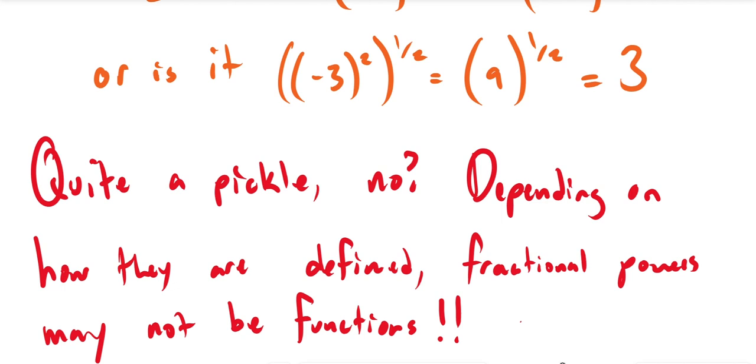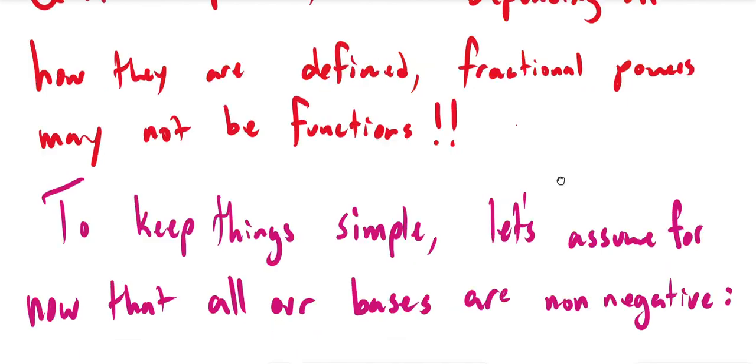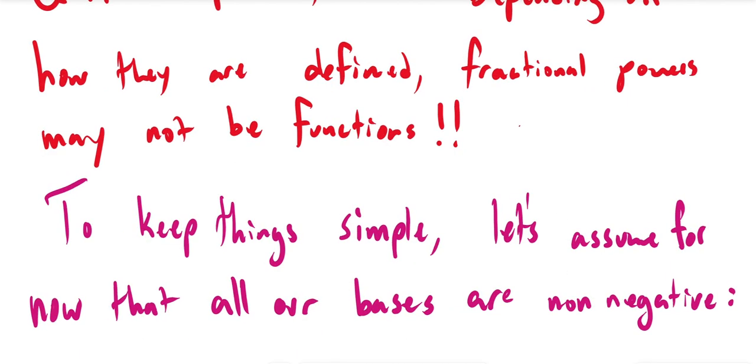And we saw in a previous video that whatever the inverse of the square is, it's not going to be a function. It's going to be a relation, at least the complete inverse. What we can do to sort of simplify the story for now while we're developing this idea is to assume that our bases are non-negative, because if that's true, then there's not going to be this kind of ambiguity.